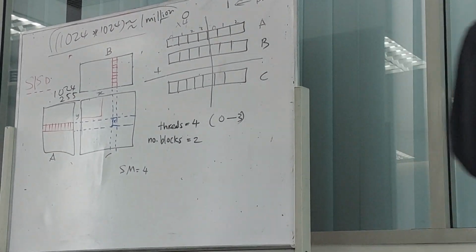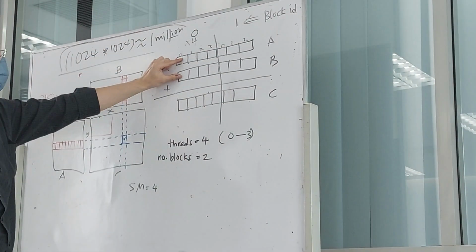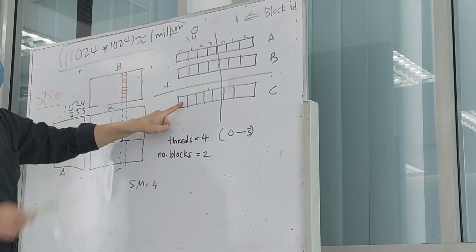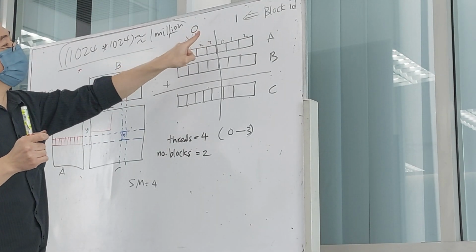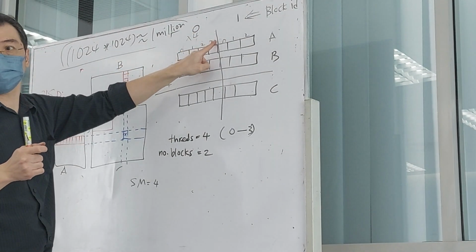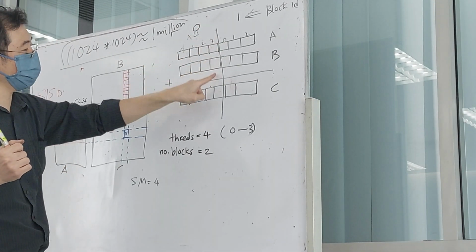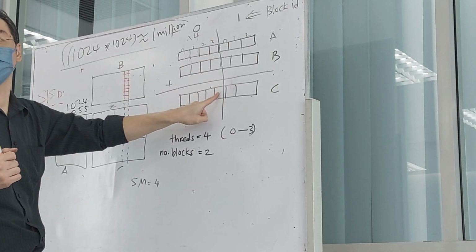And then you add the thread ID, which is 0, what do you get? 0. So it's this index number that you're looking at. Okay. How about block ID 0? We are still in this block, and then its thread ID is 3. 0 times 4 is still 0, plus 3. So it's correct. It's this element that is supposed to compute.